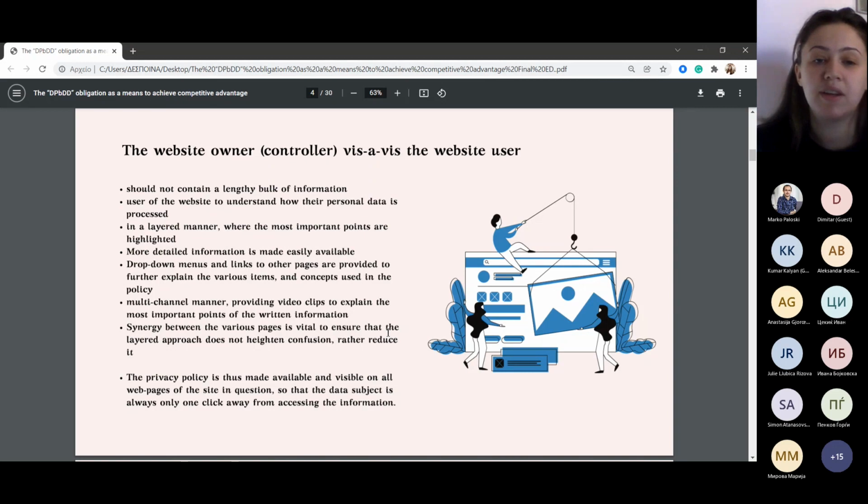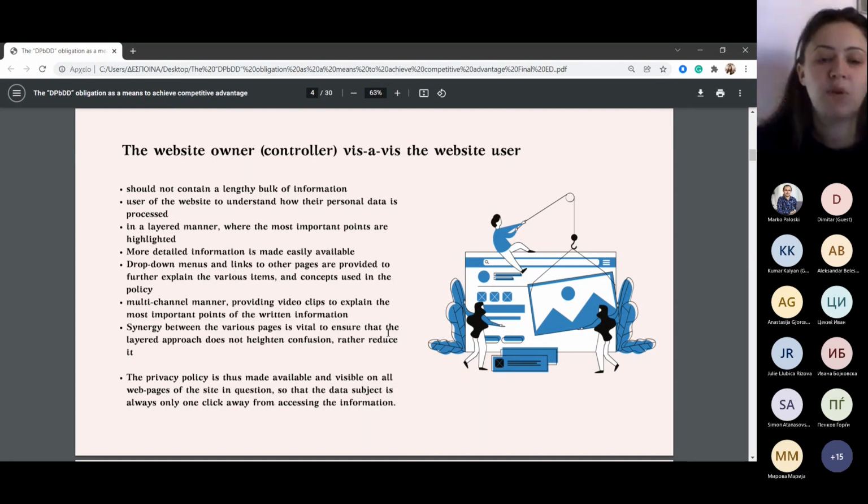In a multi-channel manner, we can provide video clips to explain the most important points of the written information. Also important, the synergy between the various pages is vital to ensure that the layered approach does not heighten confusion, but rather reduces it.